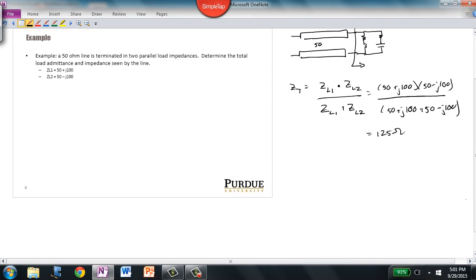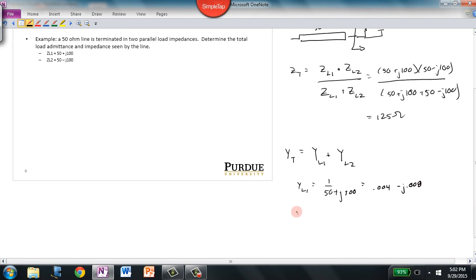An alternative way to calculate that is to say that the total admittance is equal to the admittance of load 1 plus the admittance of load 2. So YL1 is equal to 1 over 50 plus j100, and that is 0.004 minus j0.008.